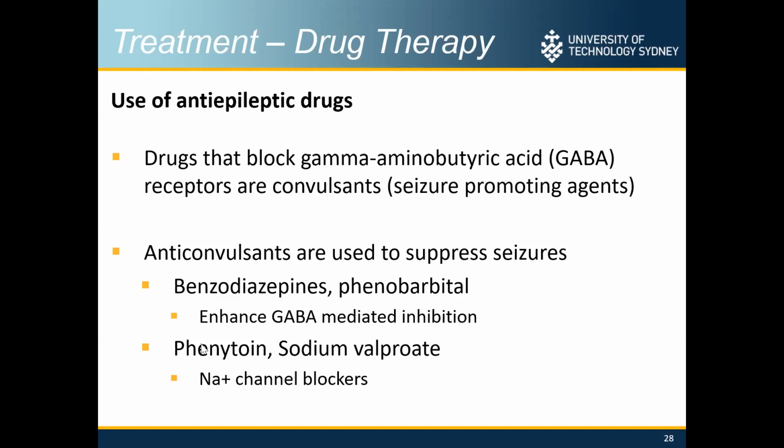If we're talking about the use of phenytoin, it is mainly attributed to the fact that it is an effective sodium channel blocker that prevents neurons from generating an action potential.